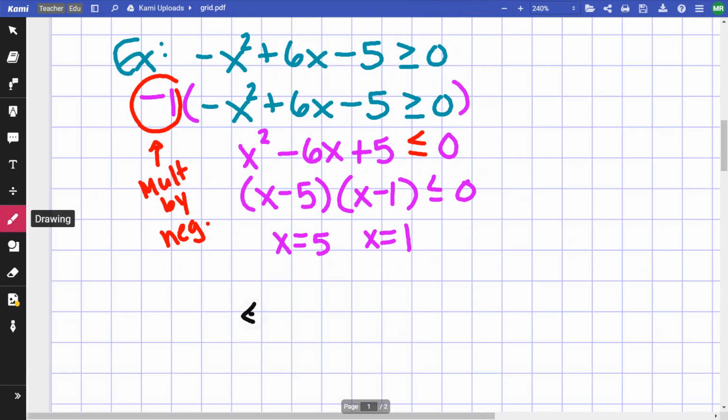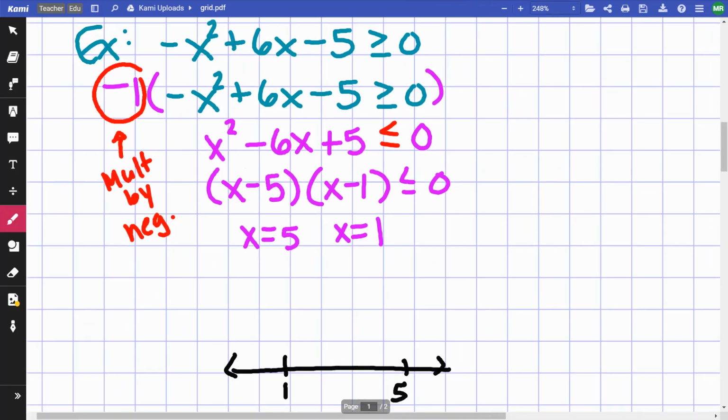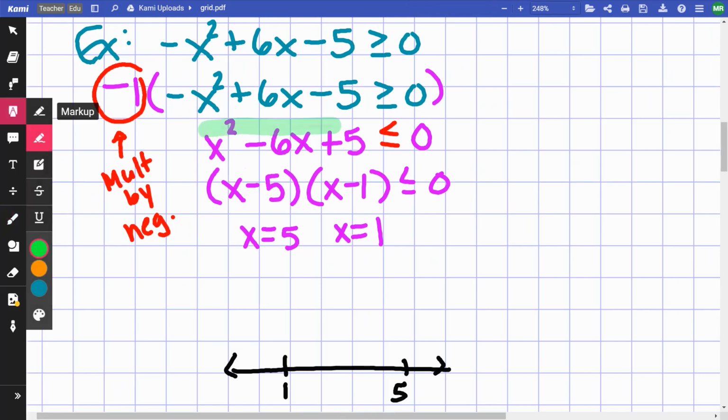So I'm going to drop this down a little. I am going to have 1 and 5 on my graph. And then I need to decide if these are open or closed circles. I'm going to also pay attention to, this is what I'm looking at now, not the original one.